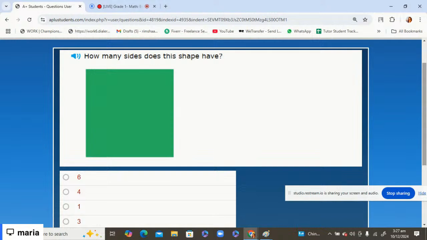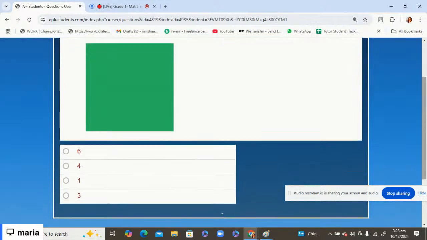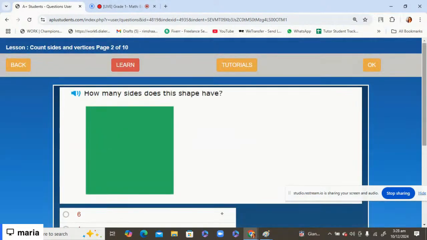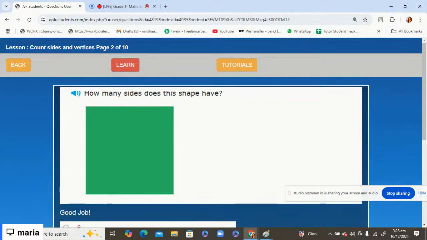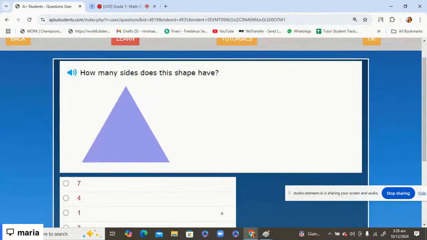So there are basically four sides. Okay. Option B. So we go with it. All right. This is the right answer.